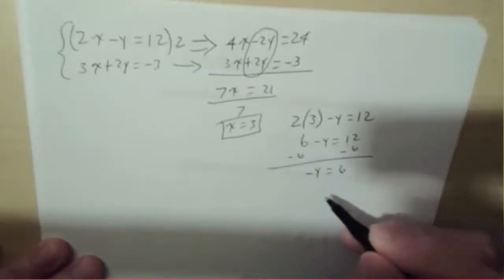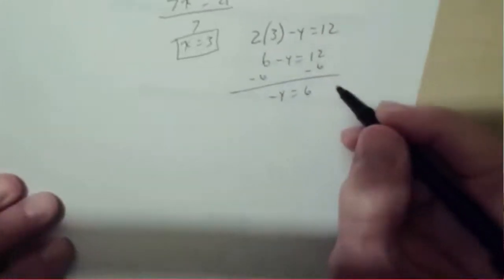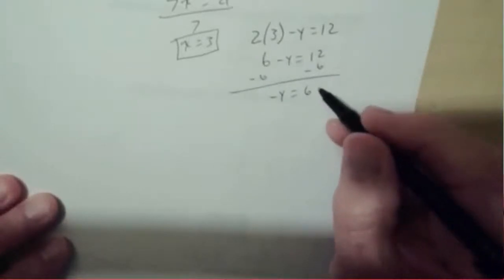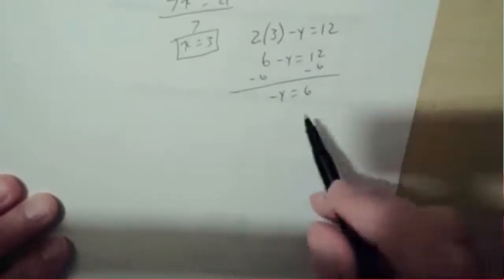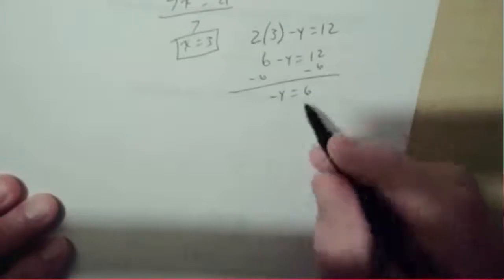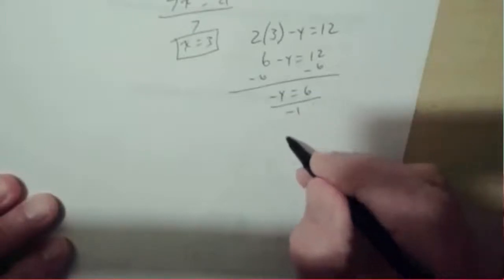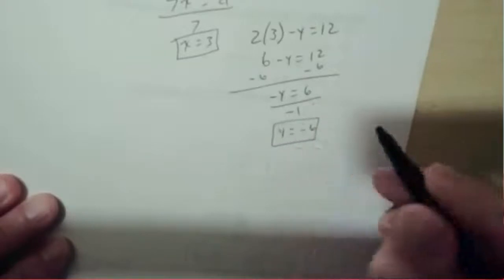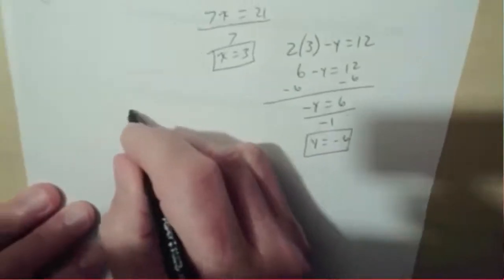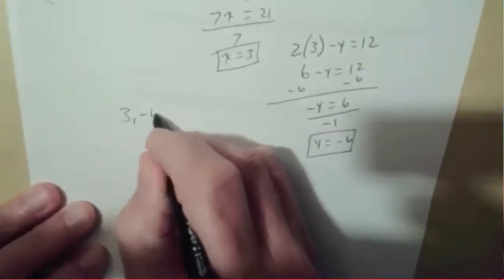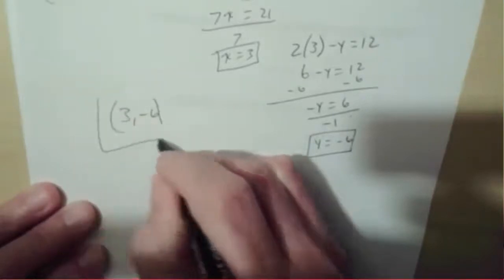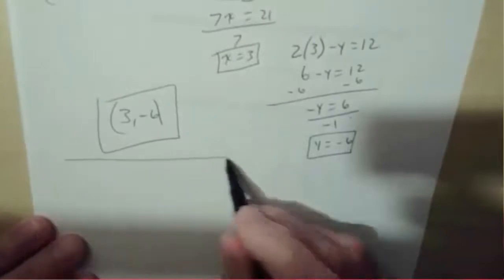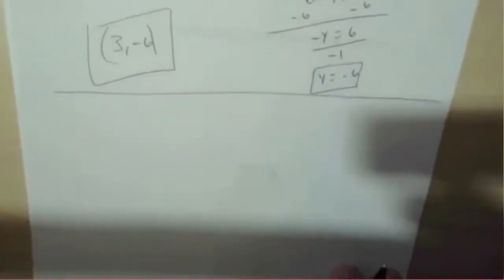We either divide or multiply by negative 1, doesn't make any difference which. The signs are going to change. Divide by negative 1, so we get y equals negative 6. So our solution is 3 comma negative 6. And if you plugged it back into these equations, you will find that it works. I hope.